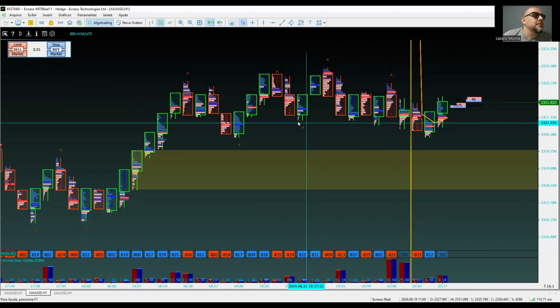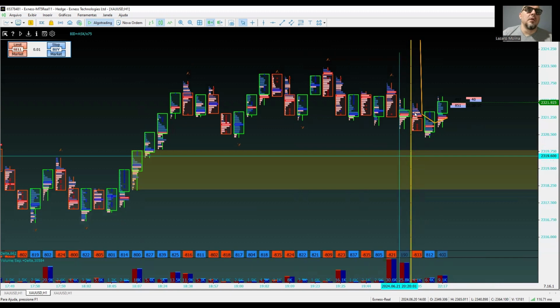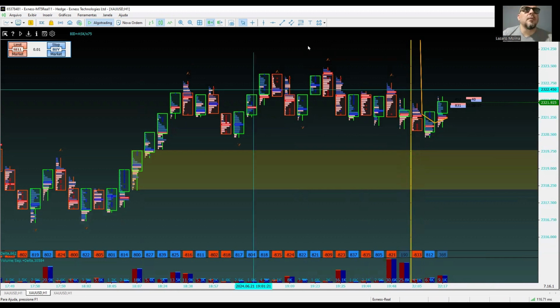Let's see. Here, I would put a buying trade because this cluster finished with low interest, low volume here.